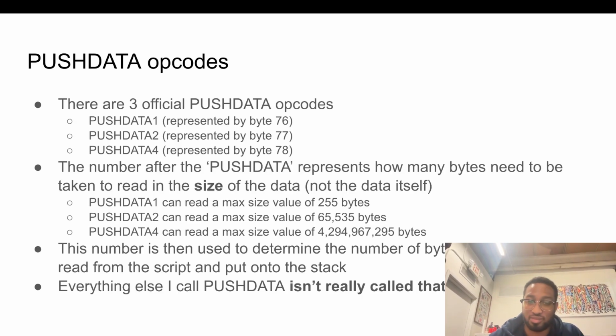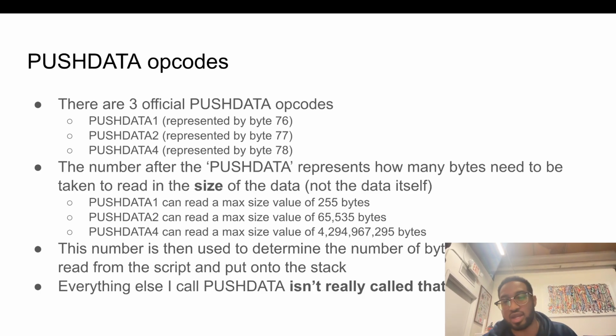There's push data 1, represented by byte 76, push data 2, represented by byte 77, and push data 4, represented by byte 78. So these are the official push data opcodes. Again, these are kind of different from what I classify as data push opcodes, although push data opcodes are included in my definition of data push opcodes.